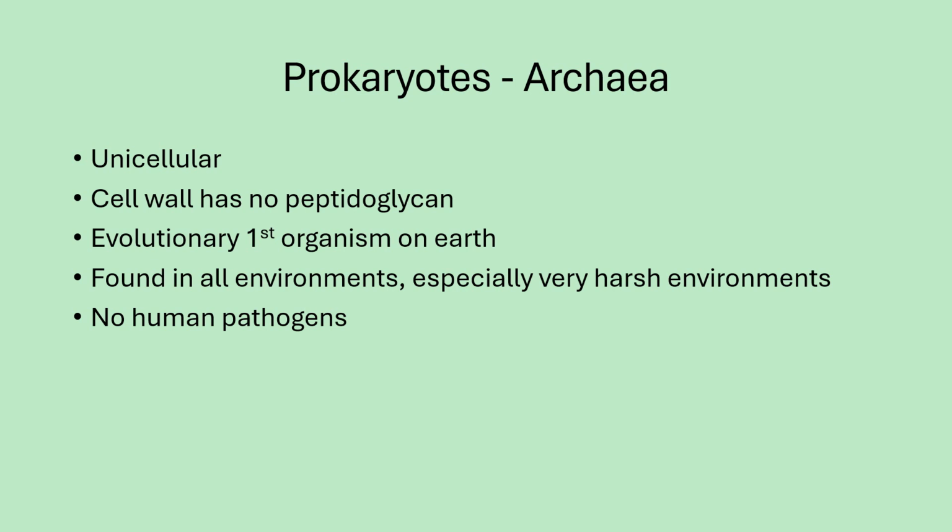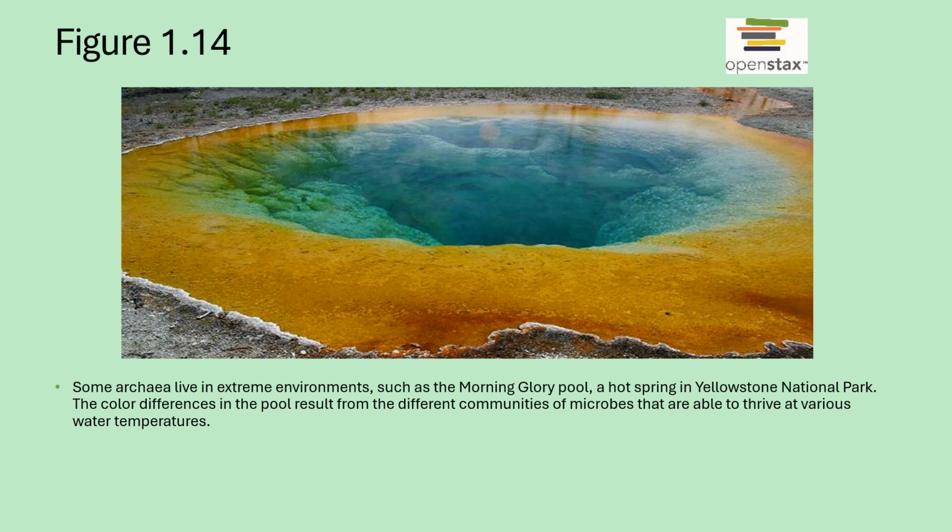Because they are able to grow in a very harsh environment, we are starting to revisit them as organisms that may be beneficial in terms of breaking down some of our pollutants. Like I say, they grow in these harsh environments. I don't know if any of you have ever been to Yellowstone. This is a picture of some of the hot springs in Yellowstone.